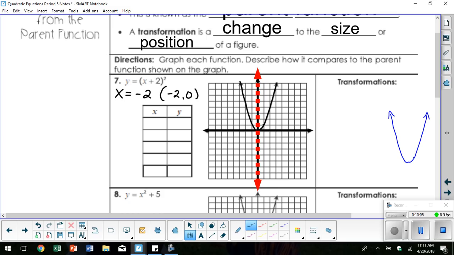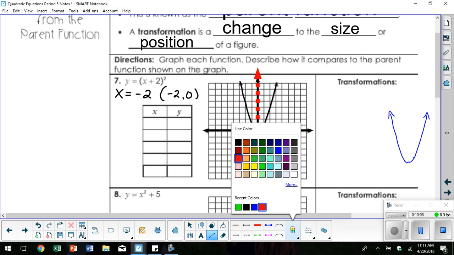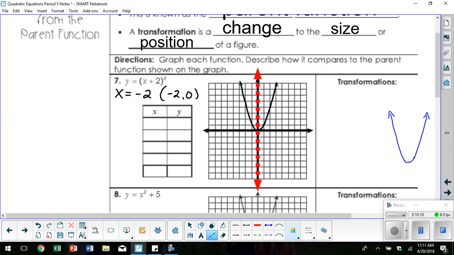So if that's the case, I'm going to have my axis of symmetry right here for the new graph, correct? Yes? Okay, so the vertex for this one is going to be -2, 0.